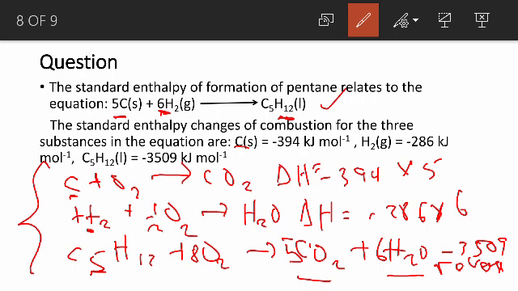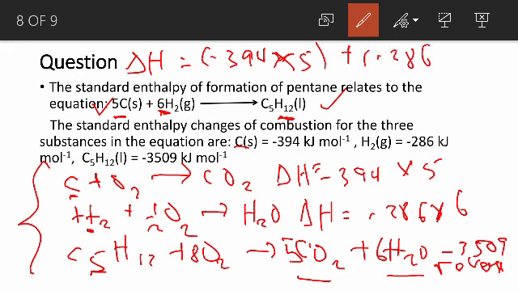So with this, we can now find the total enthalpy of this reaction, and it's going to be minus 394 multiplied by 5, then plus the next one, minus 286 multiplied by 6, then plus the other one, which is reversed.